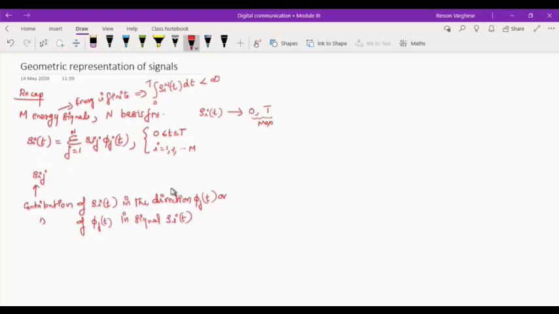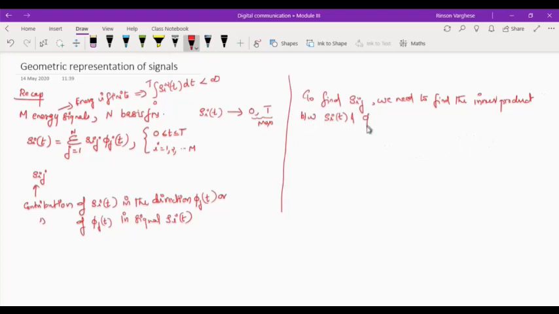Okay, now to find Sij, we need to find the inner product between Si of t and phi j of t.